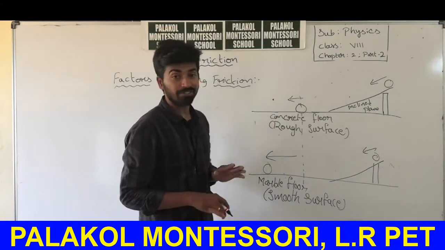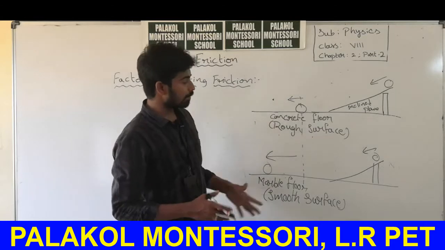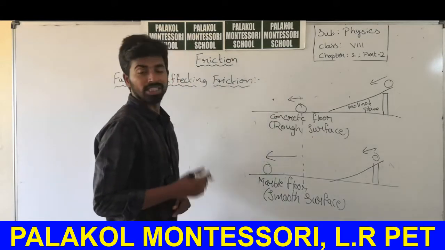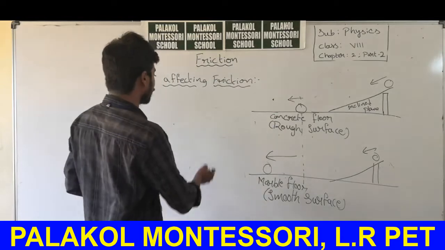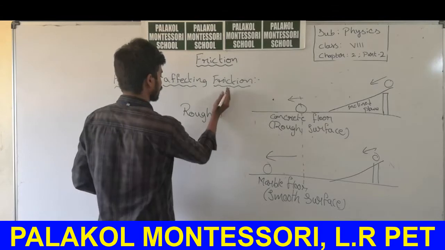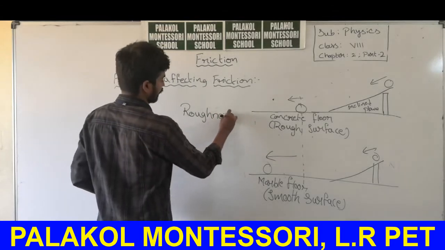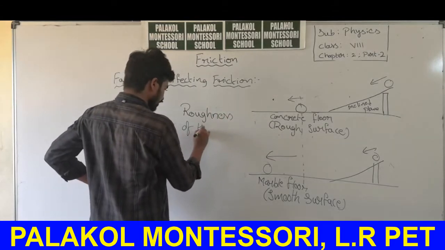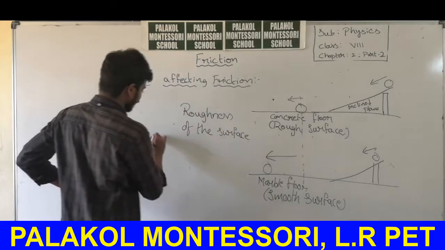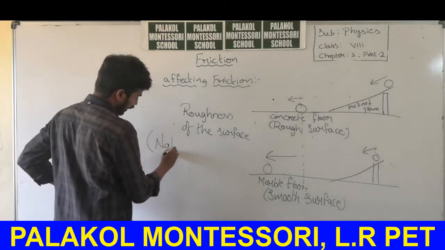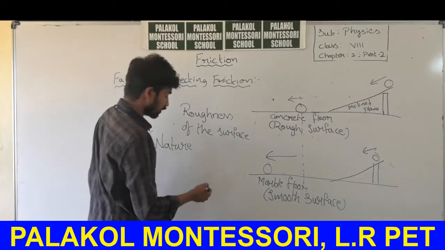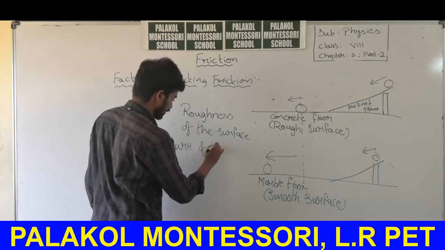In both examples, what you have observed is that friction depends on the roughness of the surface. This is what we call the nature of the surface: whether it is smooth or rough.